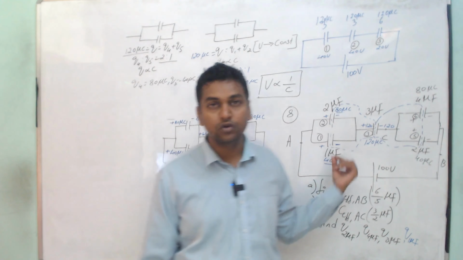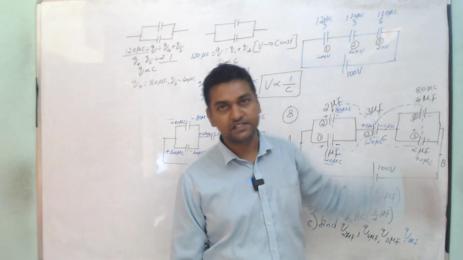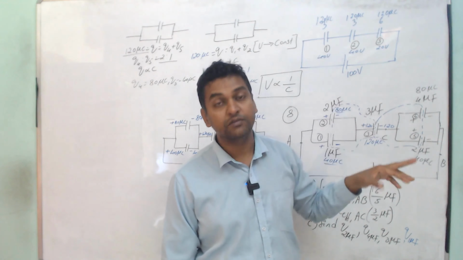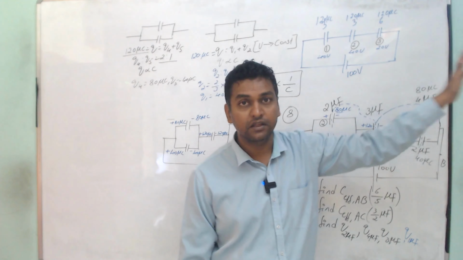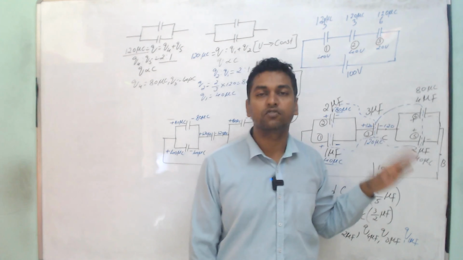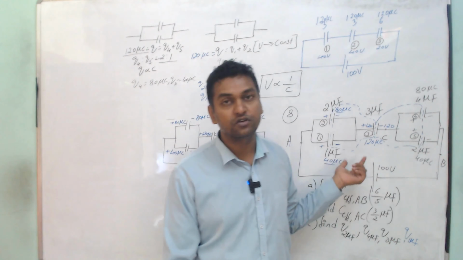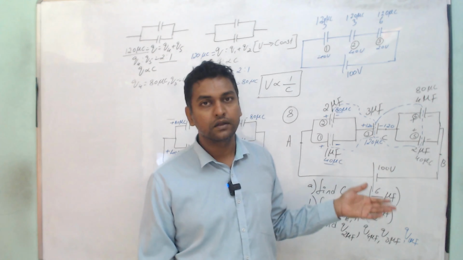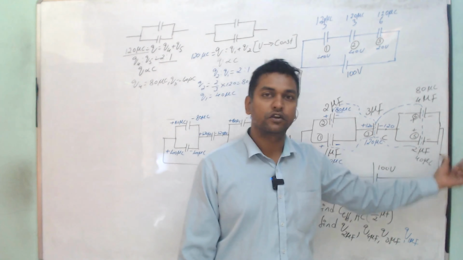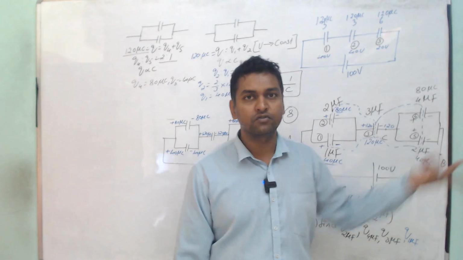What did we do? From here I got 336. Find C effective, 6 by 5. Find charge, 120. From there 120, 120, 120. There parallel 2:1, 80/40. And further, if he asks you what is the potential of individual, you can do 40 divided by 1 is 40 volts. 40 divided by 2 is 20 volts. 40 volts, 20 volts, 60 are gone.